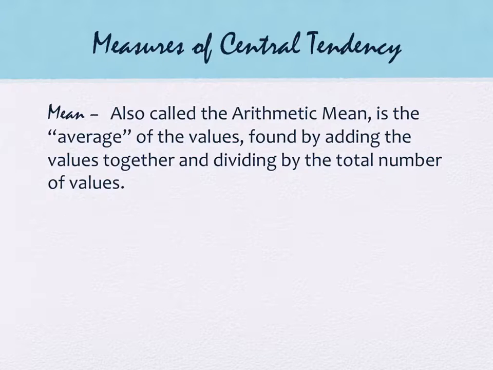So this is what Canvas does when it figures out your homework average, right? It adds all the homeworks together. Of course, it drops some because I tell it to. But it adds all the homeworks together, divides by the number of homeworks, and then it tells you your homework average, and there's a column for that in Canvas. And there's a column for your exam average and so forth. It adds all the exams together, divides by the number of exams, gives you your average. So that's called the mean.